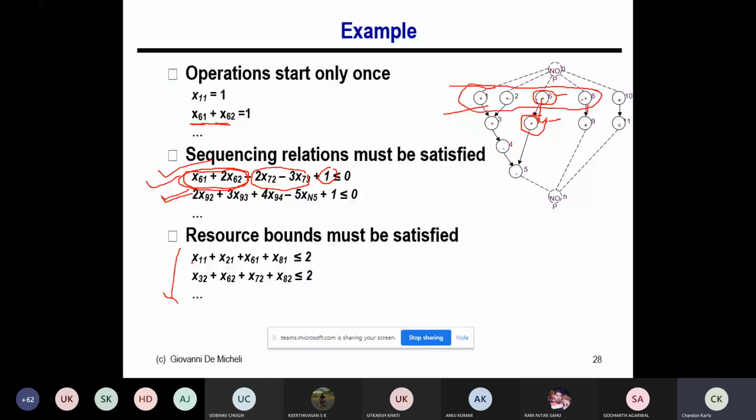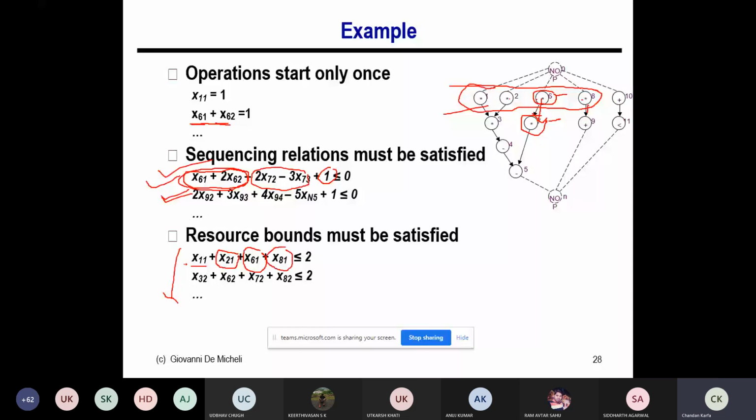So x11 means operation 1 starts at timestamp 1. Similarly, this is if operation 2 starts at timestamp 1. This is operation 6 if it starts at timestamp 1, and this is operation 8 if it starts at timestamp 1.